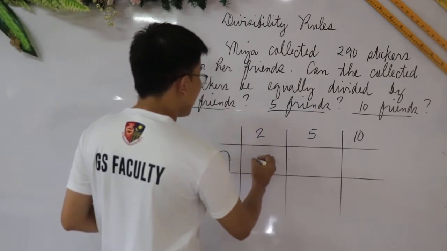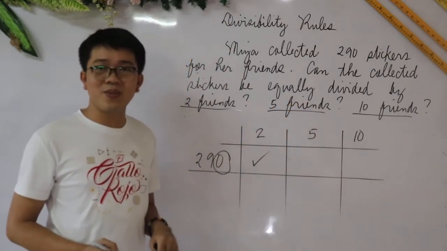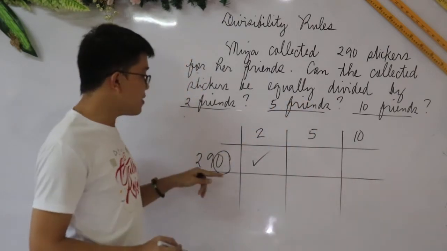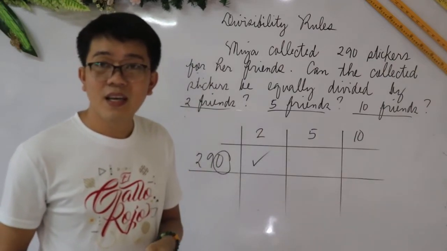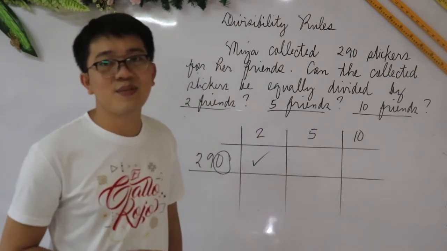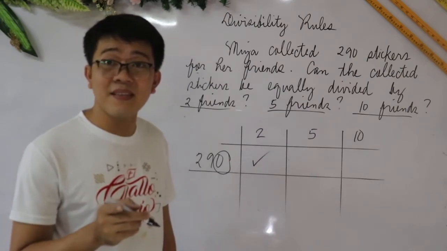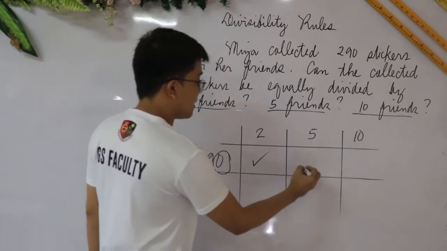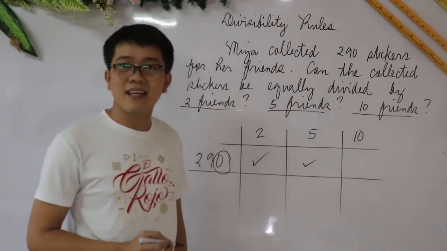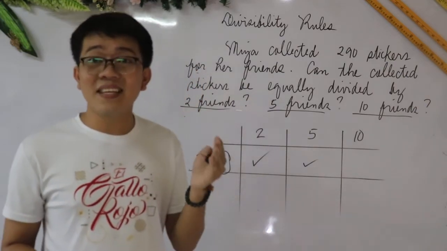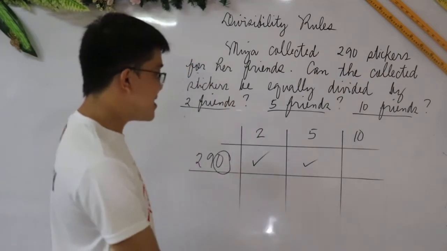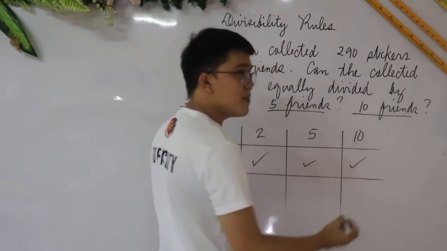So we say it is divisible by 2. How about 5? Do you think 290 is divisible by 5? Awesome! It's divisible by 5 because it ends with 0. How about 10? Obviously, it is divisible by 10 since it is ending with 0. So we say it is also divisible by 10.